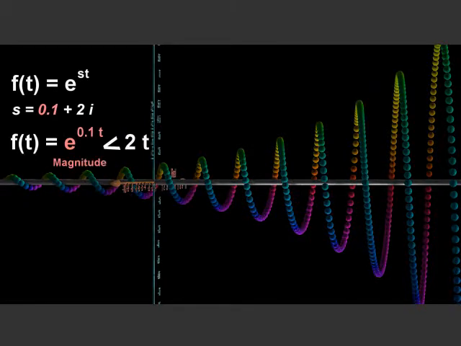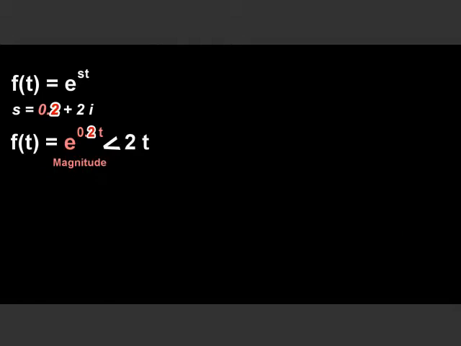If we increase the real component of s, the magnitude will increase more rapidly.